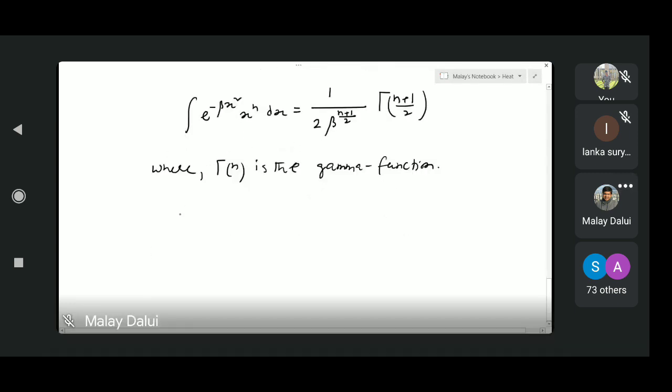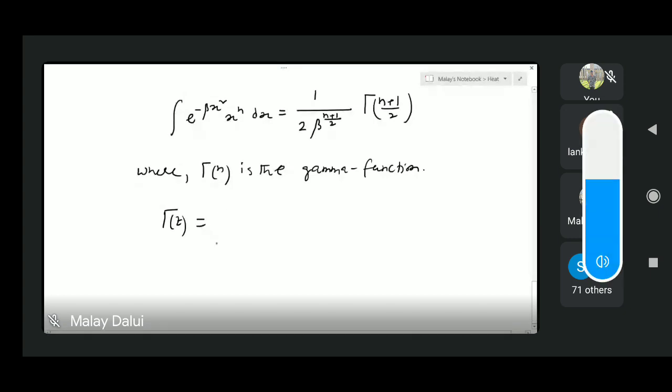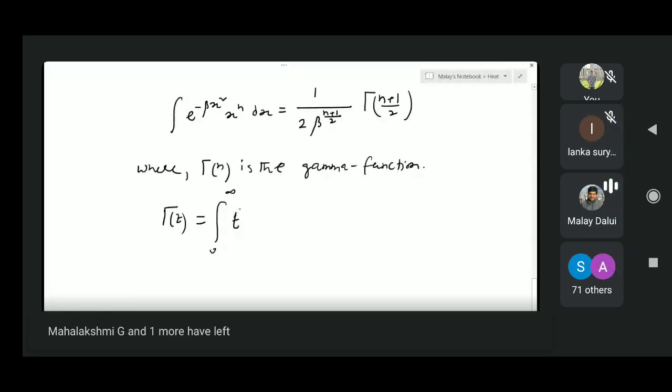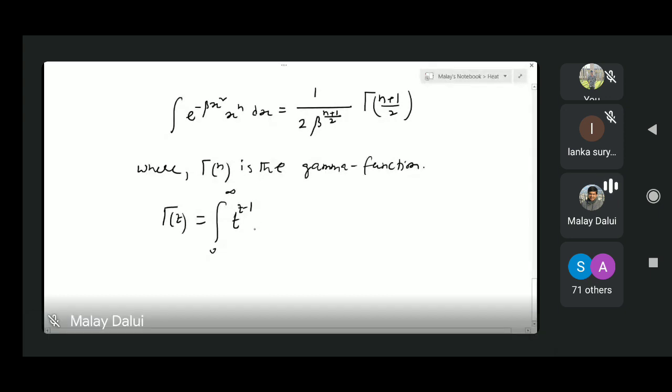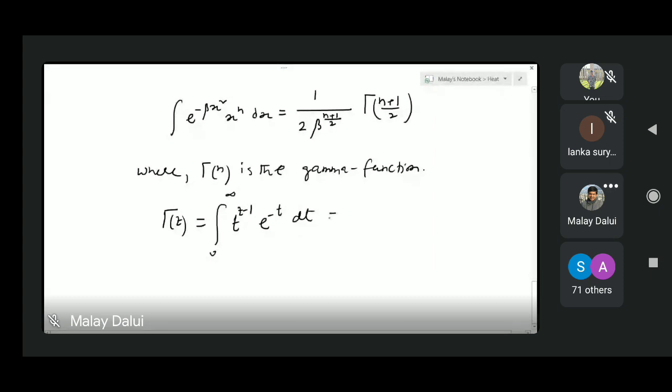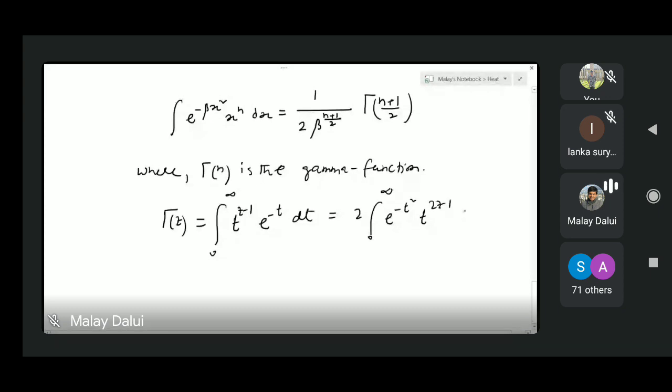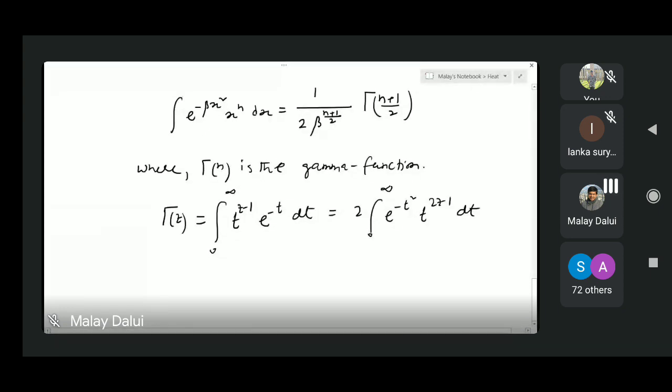So gamma z, z can be a complex number. For this case, assume it as real. So it is the integral from 0 to infinity of t to the power z minus 1, e to the power minus t dt, or twice the integral from 0 to infinity of e to the power minus t square, t to the power 2z minus 1 dt. So this is how the gamma function is defined.